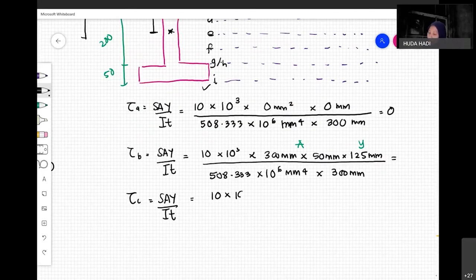Point C. So point C they share the same area as point B. Okay, that's why I tulis sama je, semua sama. Tapi what makes it different from B is the thickness.